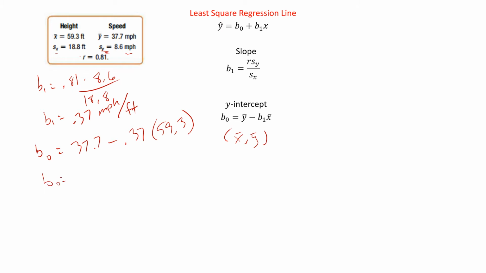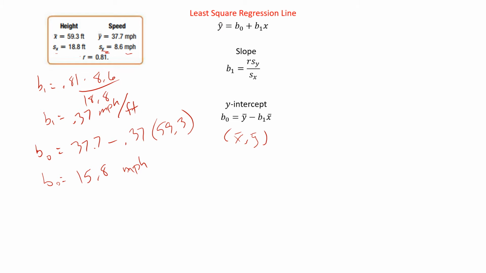And so B naught, if we do those quick little calculations, we get 15.8 miles per hour. And so what this is, if we are at 0 feet up, the roller coaster is going to be going 15.8 miles per hour.